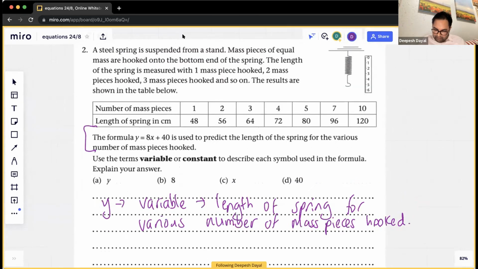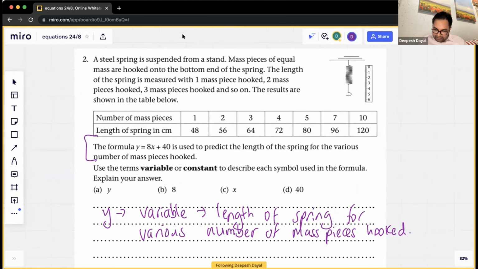It says 8x. It's a constant, sir. Yeah. And x represents the variable. It doesn't really tell us here what 8 represents.